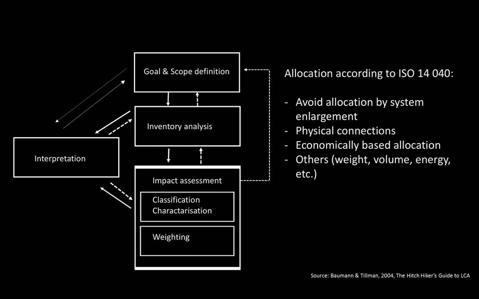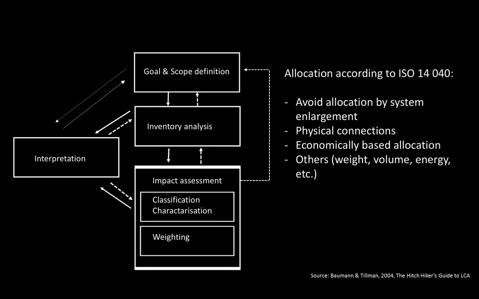Sometimes you need to allocate, if you have different products that you need to allocate the environmental impact from. The methodology for this is clearly stated in the ISO standard 14040, where they recommend primarily to try to avoid allocation by system enlargement.